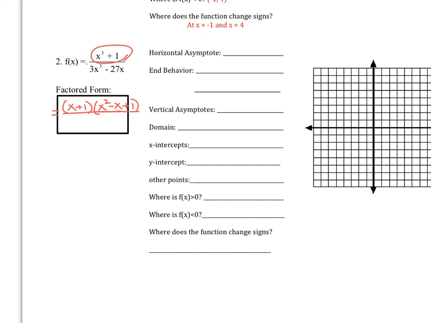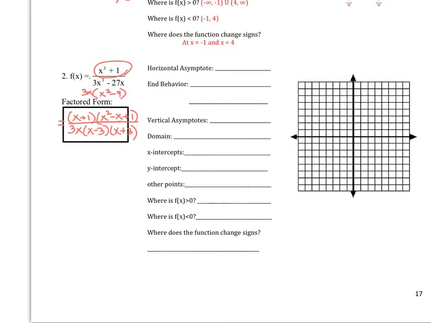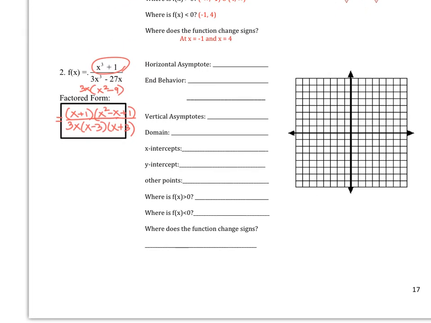And then in the denominator, you can factor out a 3x first, and you're left with x squared minus 9. And then that x squared minus 9 factors as well. So that's where we get the x minus 3 and x plus 3. Okay, this is what I was talking about. At this point, you would look to see if you had common factors to cancel. You're not going to see that for this problem. So we would continue on.